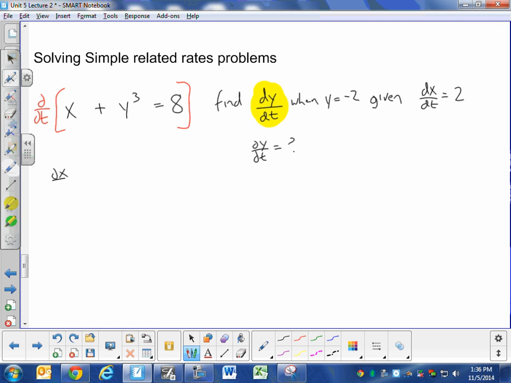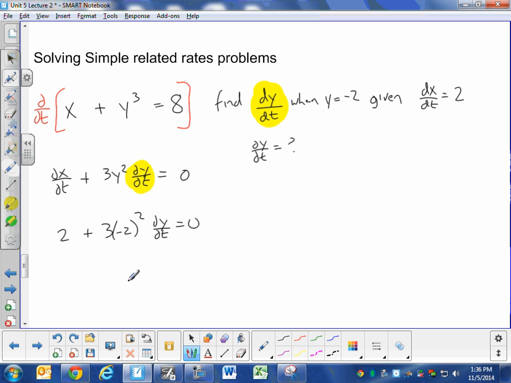I get dx/dt plus 3y squared dy/dt equals 0. Well, I'm trying to find this, but I'm given information that I can plug in, and I can solve for dy/dt.